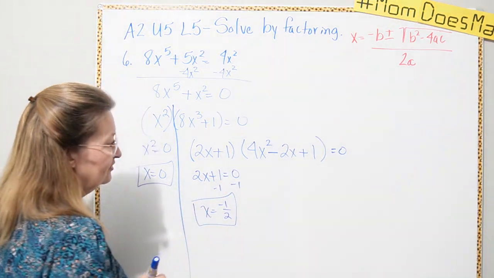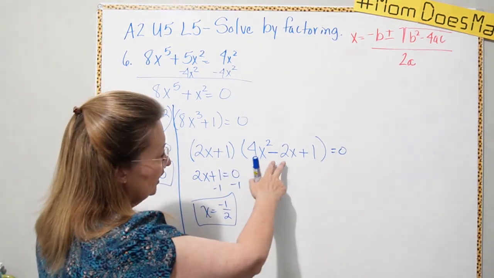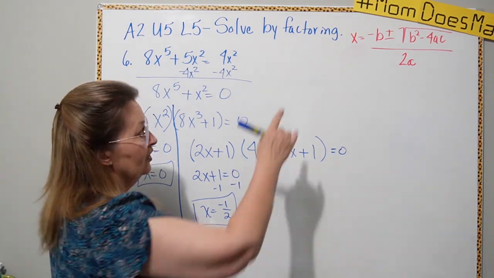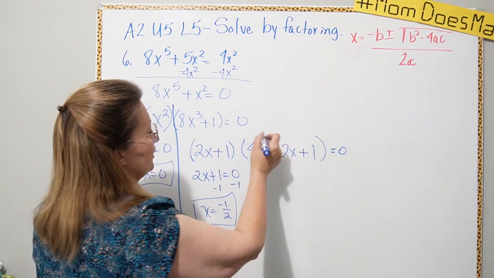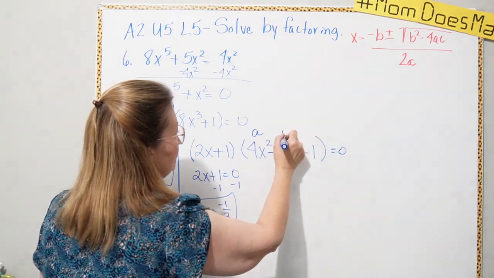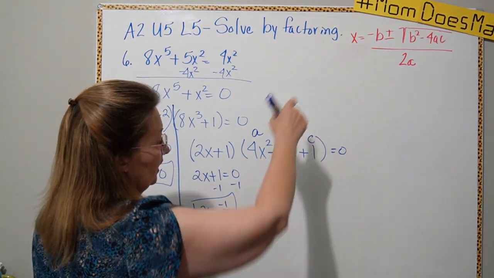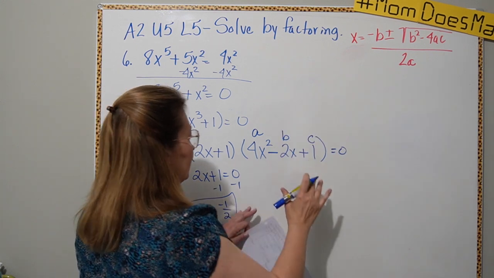Now I have to find the answer to this, and once again you cannot factor this trinomial, so we're going to have to grab our quadratic formula. So here is A, here is B, and here is C, and let's go up right under this and solve it.